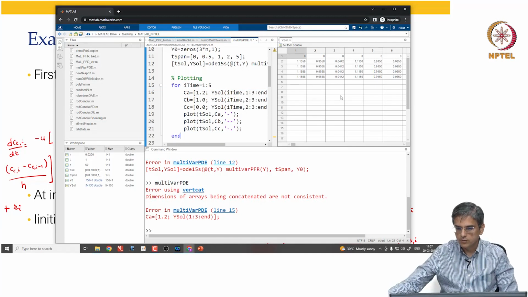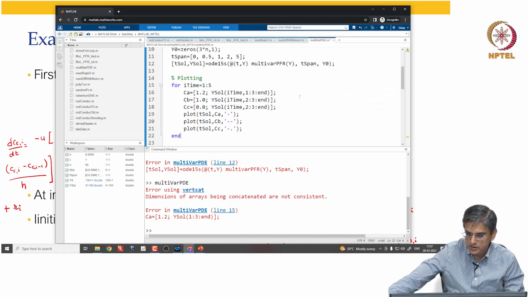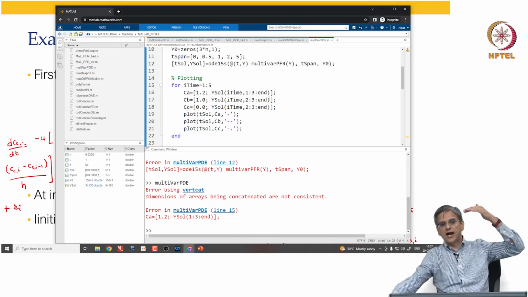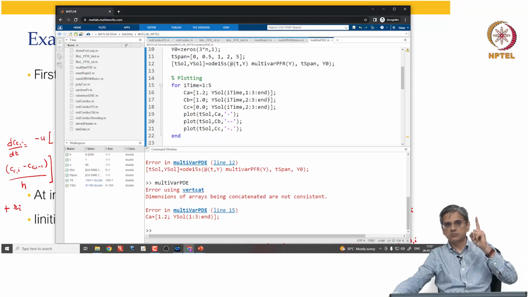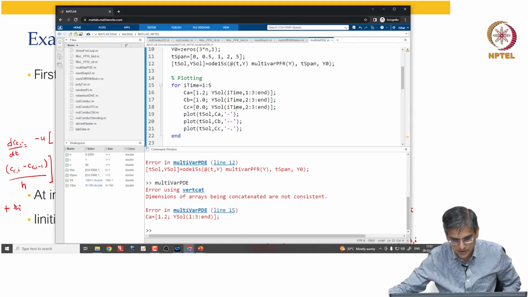So let's see what we have done. At time 0, I time is equal to 1. At not t solve, it's going to be z.